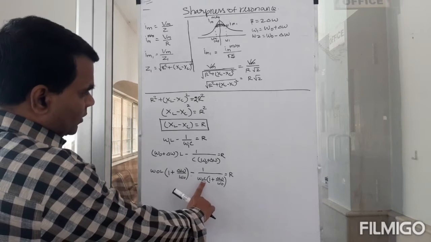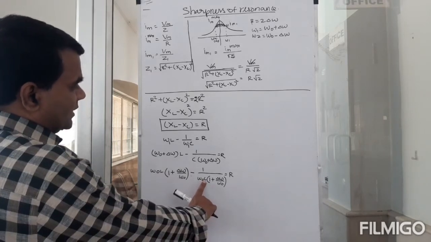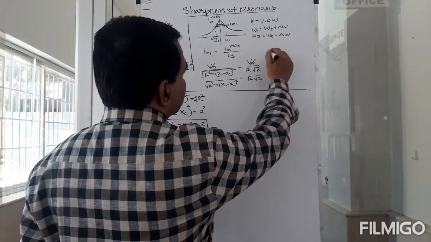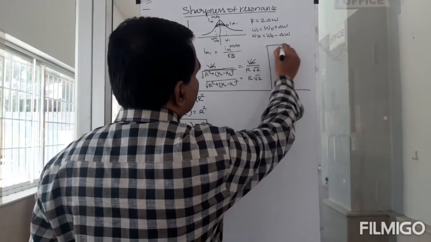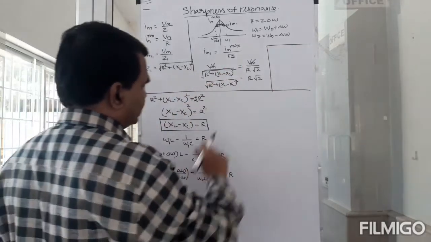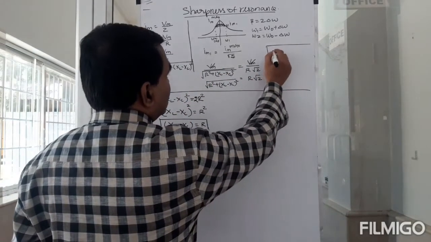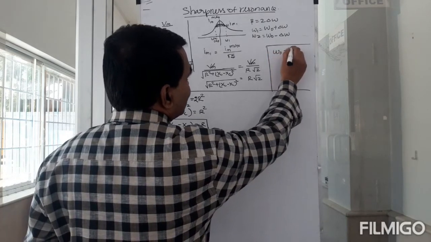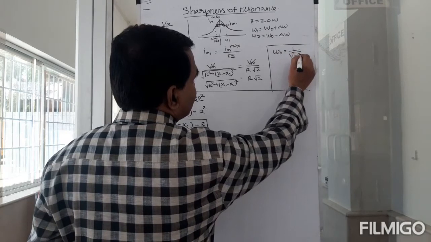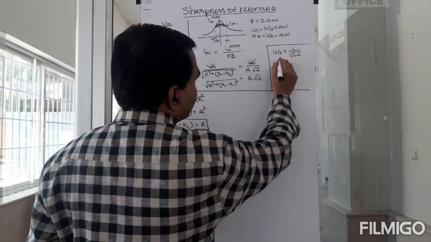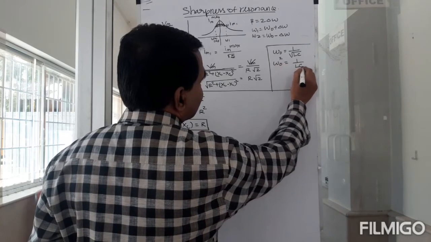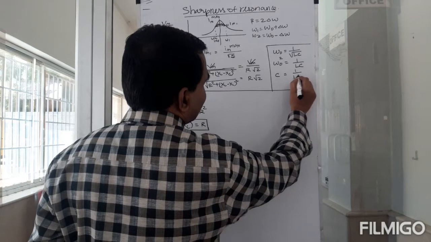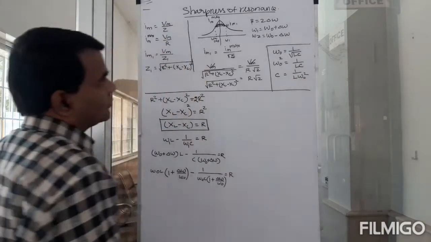I'm going to express C slightly differently here. We know that omega naught is equal to 1 by root LC, so omega naught squared is equal to 1 by LC. So C is equal to 1 by L omega naught squared.